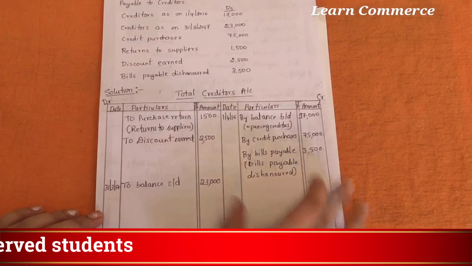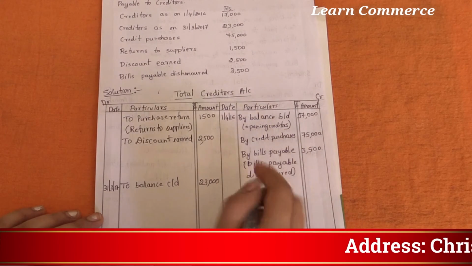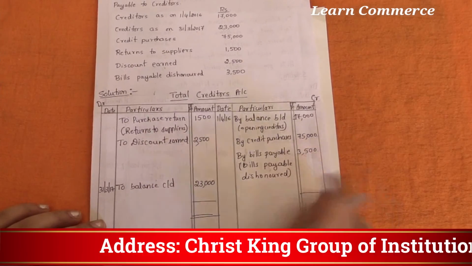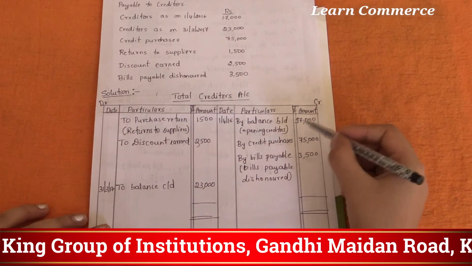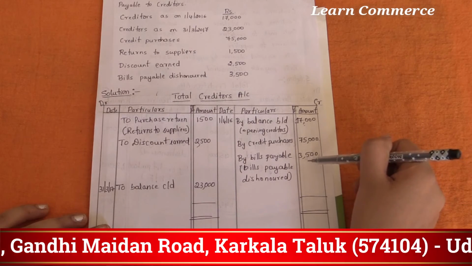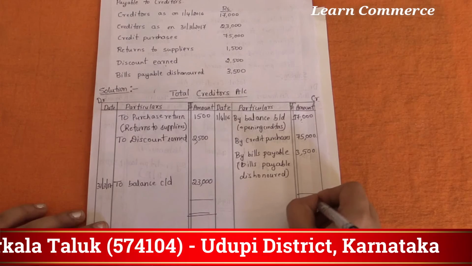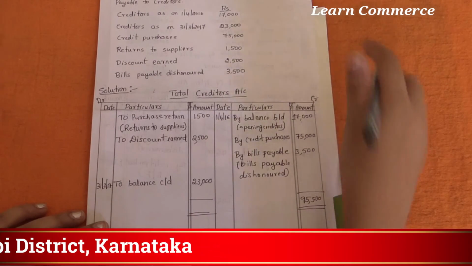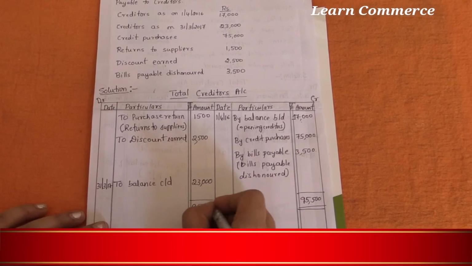Okay. Then make a total of both sides and compare where we get the larger amount. I hope the credit side amount is more. Add these: 17,000, 75,000, 3,500. The total will be 95,500. The total is more in the credit side. So the same amount you should write in the debit side also, 95,500.